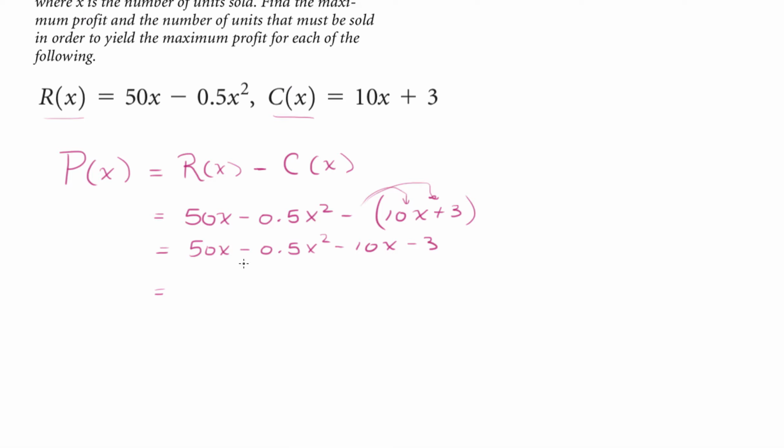Okay? So combining like terms, I'm going to rewrite it in order. So negative 0.5x squared, 50x minus 10x is plus 40x, minus 3. Now, if you remember, I can make this into a fraction so it's easy to see.